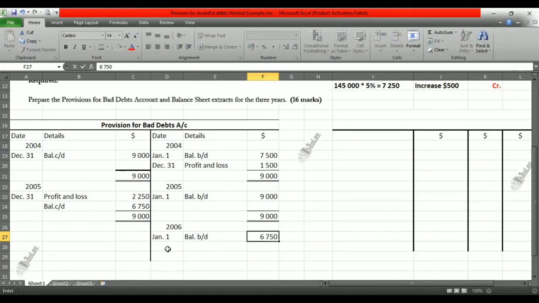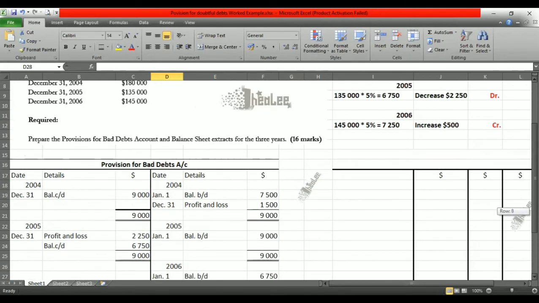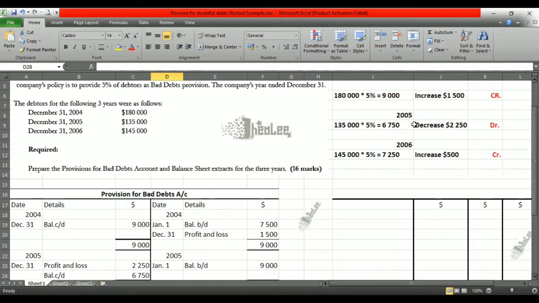$6,750. Also, remember, you can double check if your provision for doubtful debts account is indeed accurate, because your balance brought down figures should reflect those figures that you got for your working. So for 2004, our calculation was $9,000.